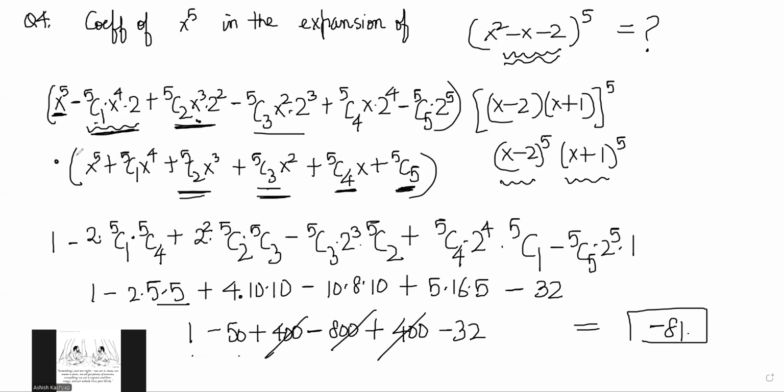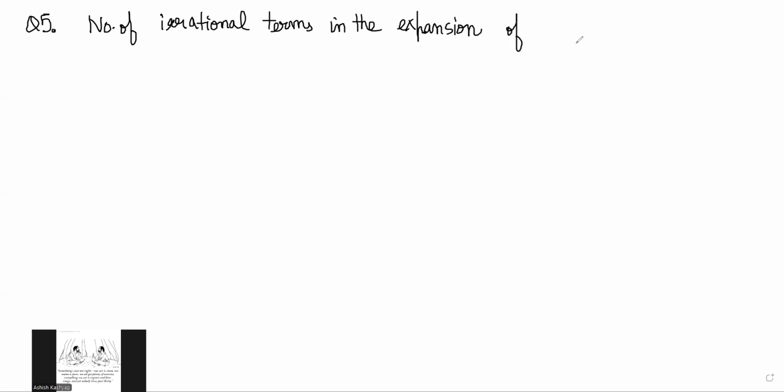Okay, let's move on to the next problem. Question number 5. Here you have to find the number of irrational terms in the expansion of fifth root of 3 plus third root of 7 to the power 36, right?